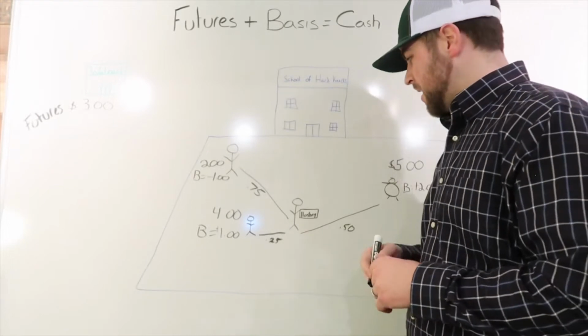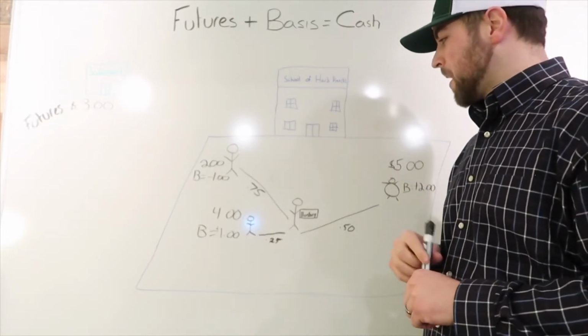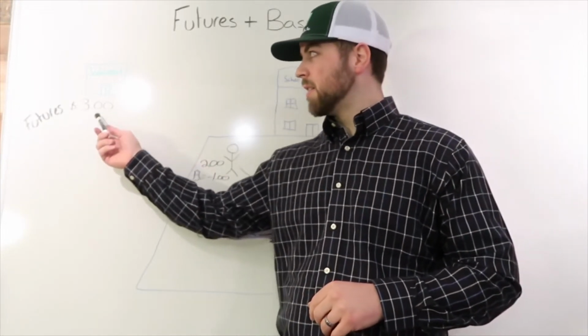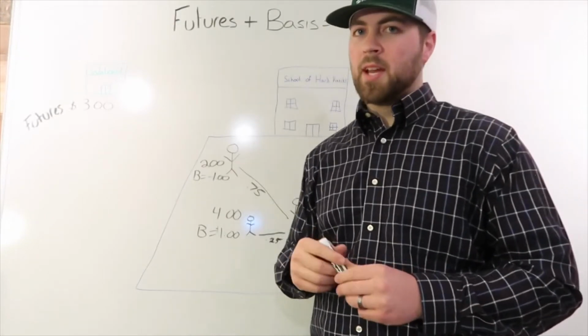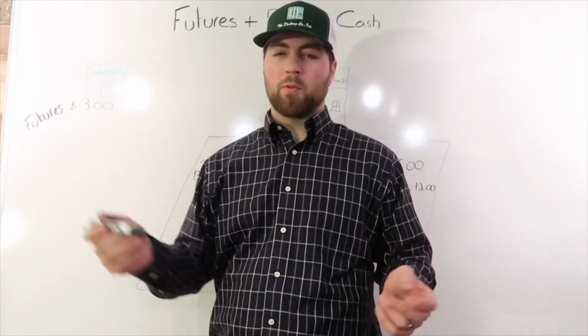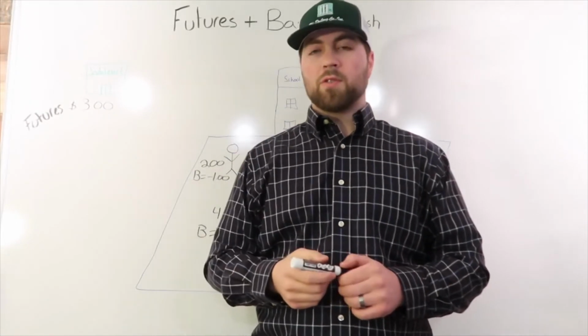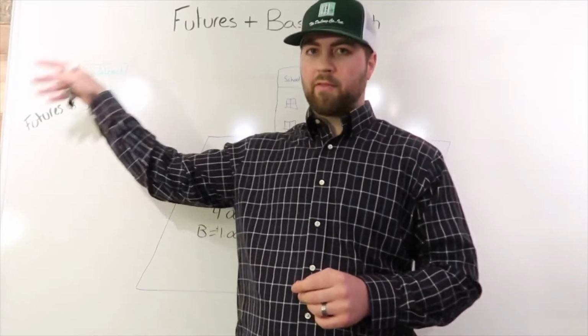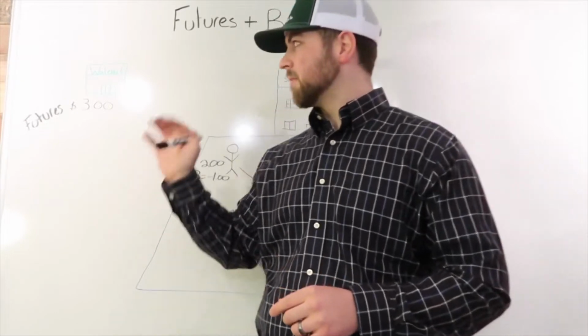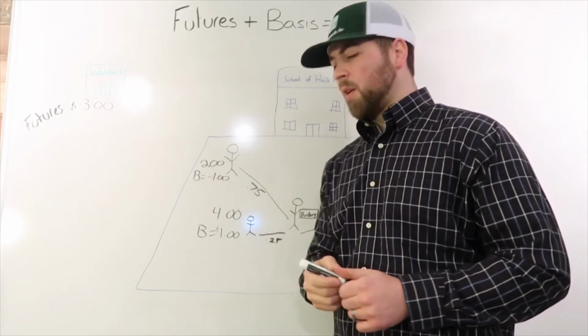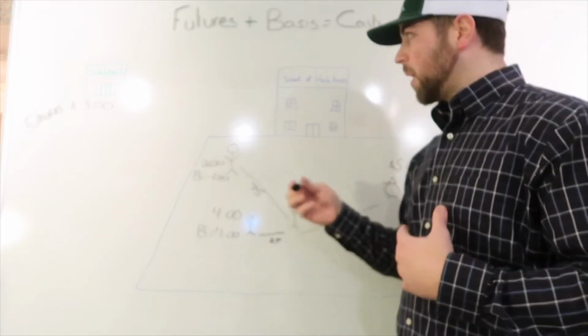You don't need it, but you're looking to sell it and make some money. Now that Hershey's bar sells for $3 at Walmart, and we will consider Walmart like the Board of Trade, and we'll consider that $3 the futures. This is a long, far away land. This is Chicago. It's far away from where we're at on the schoolyard, but we'll base it off that price.